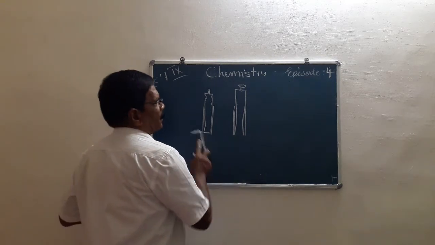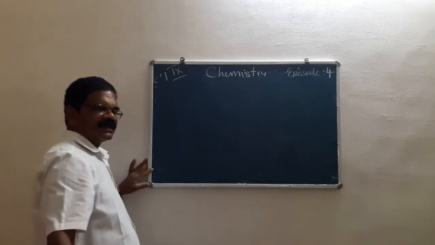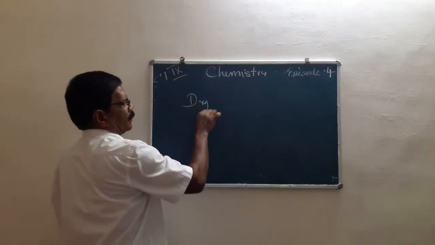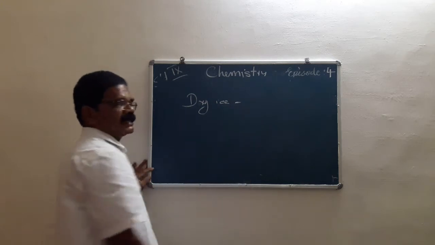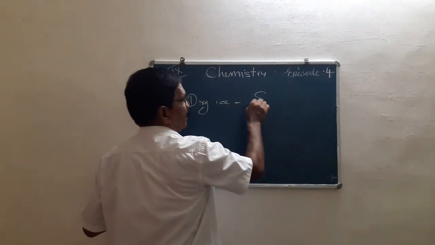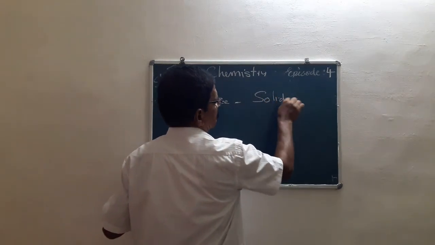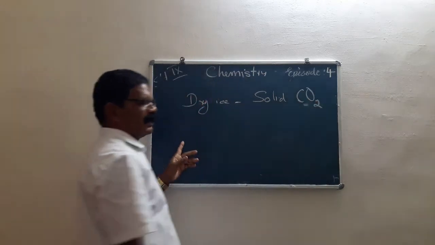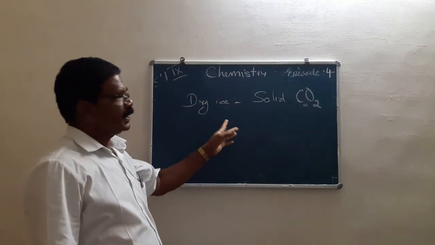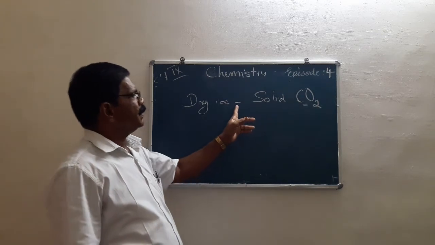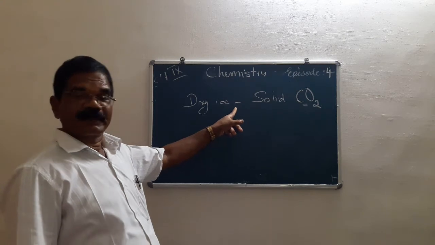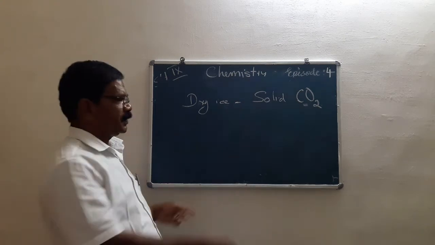You know what dry ice is? Dry ice means solid carbon dioxide. Carbon dioxide gas is in the gaseous state. If we apply high pressure, what happens to it?